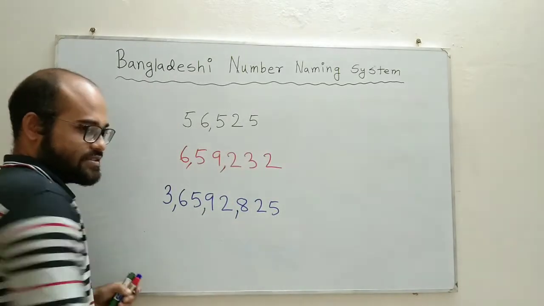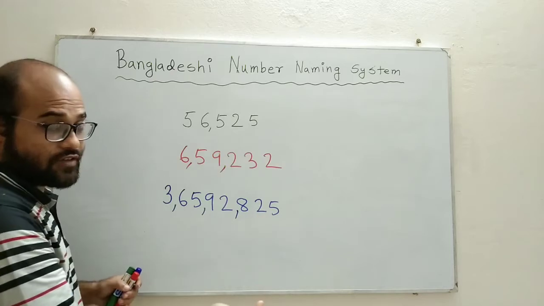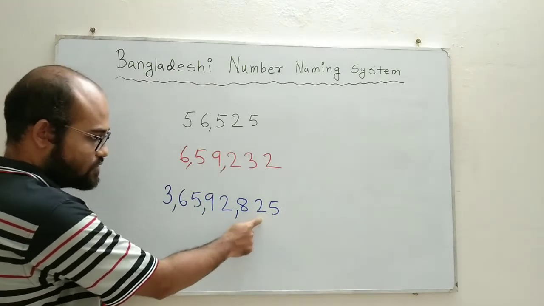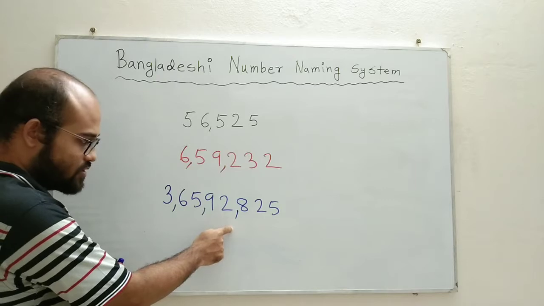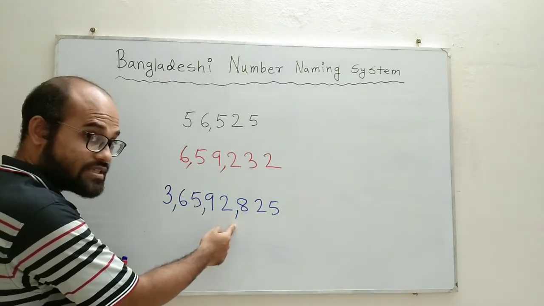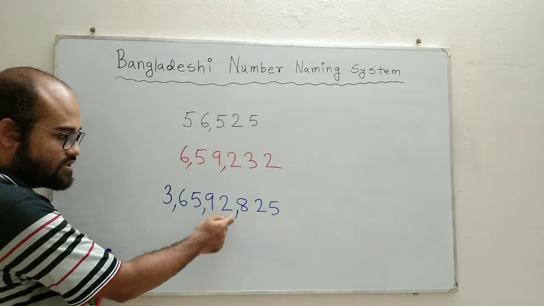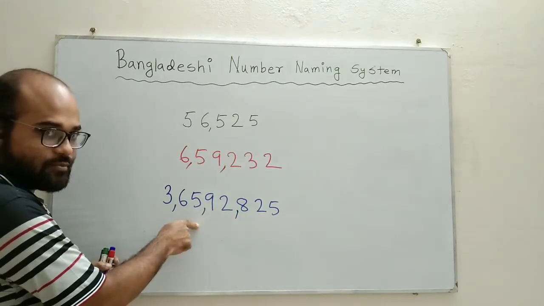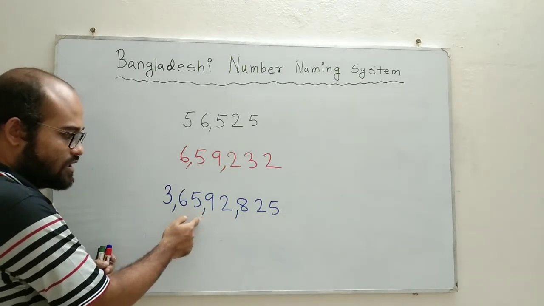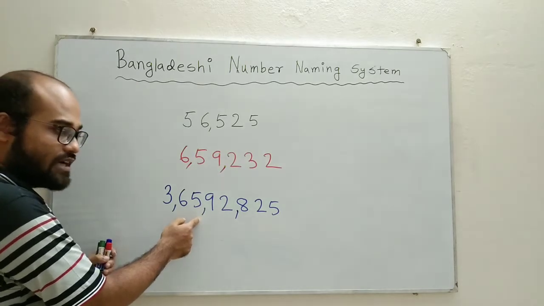What about bigger numbers? Say, for instance, this. I have to put the first comma after how many digits? 3. So 5, 2, 8. After 8, I will put the first comma. Then after having put the first comma, where will I put the second comma? After 2 digits. So after 2 and 9, I am putting the second comma. Again, after the second comma, where will I put the third comma? After 2 digits.